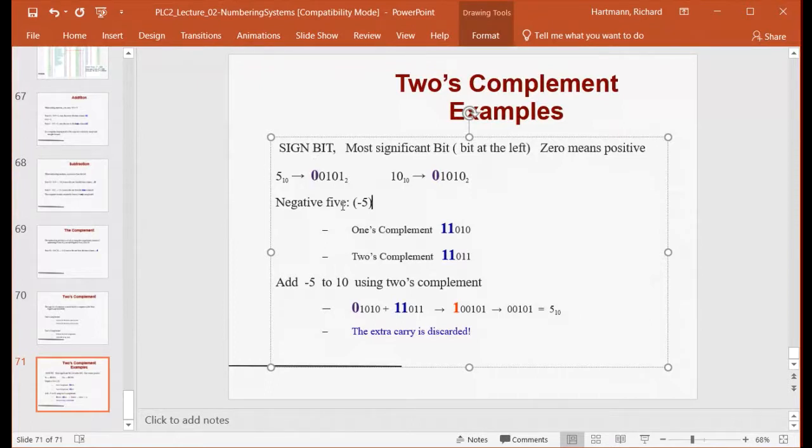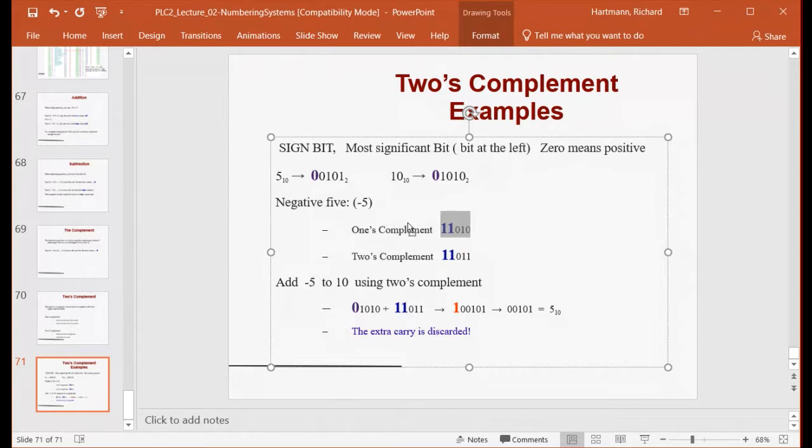This is positive 5. But now what I'm going to do is I actually want to subtract 5, but I don't want to build a subtractive circuit. So I'm going to negate the 5. So I'm going to do the ones complement. I'm going to take all these ones and zeros for a positive 5, and I'm going to make them the opposite. So if it was a 1, it becomes a 0. If it's a 0, it becomes a 1.